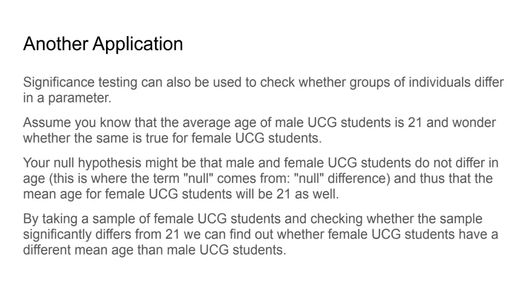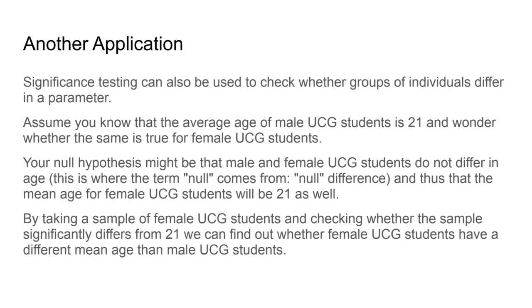Now, what we could do is take a sample of female UCG students and check whether that sample significantly differs from the age of 21 that is postulated by our null hypothesis. And if it does, then we might say the null hypothesis is wrong. Female UCG students do have on average a different age than male UCG students.